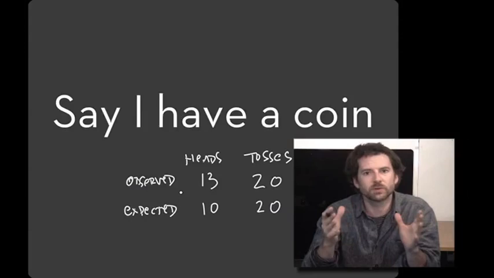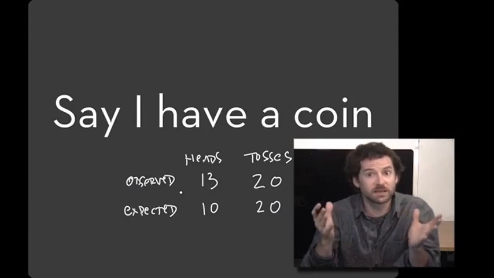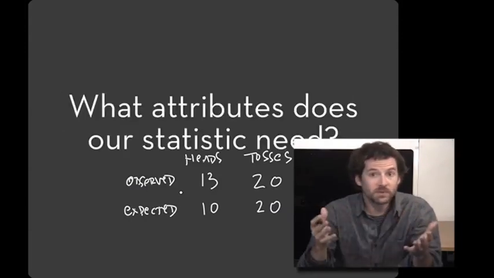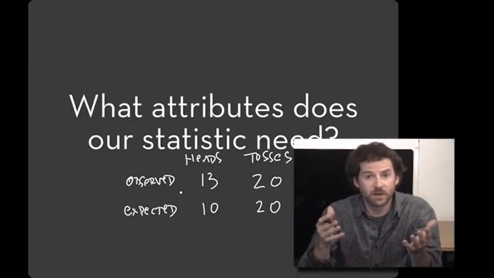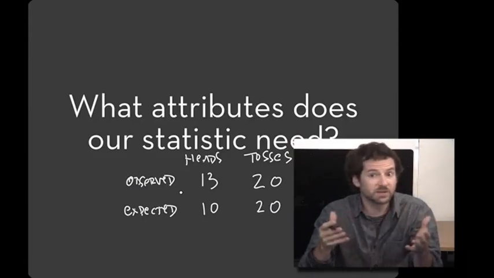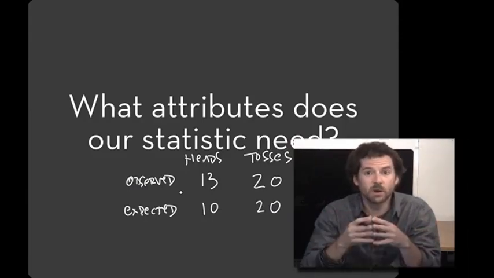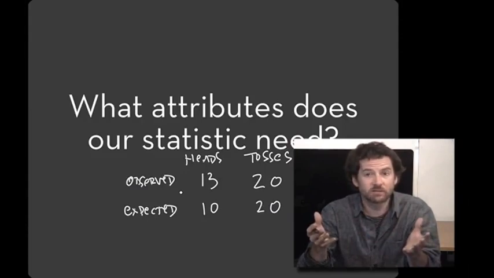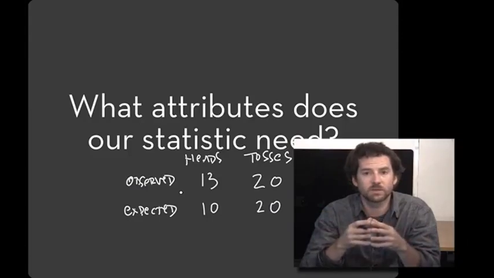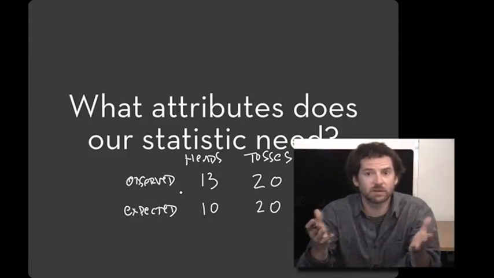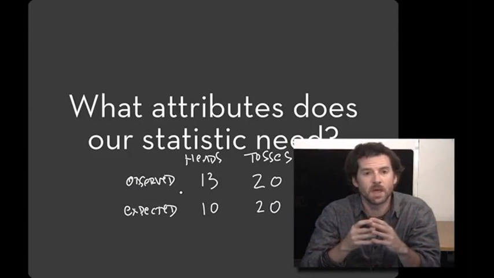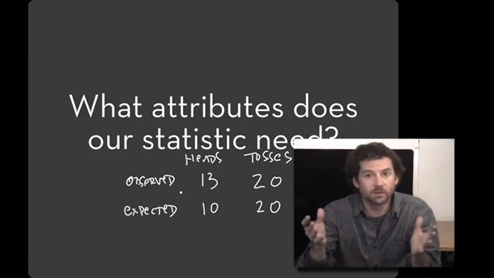And what attributes does our test statistic need? Well, one thing that we'll want to encode is the difference from the expected value. So the fact that we got 3 extra heads here. And we want to know out of how many this is, in a couple of ways, both in a ratio sense. 3 is less material if it's out of 1,000, and also in a number of trials sense.